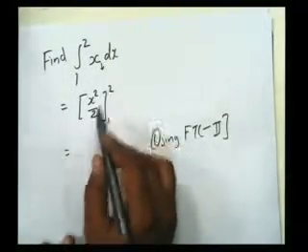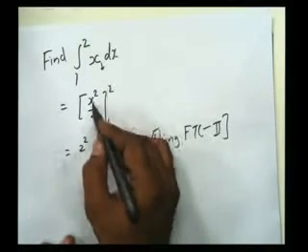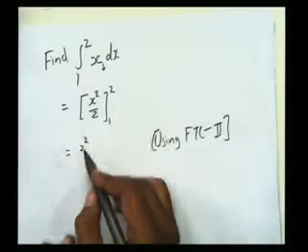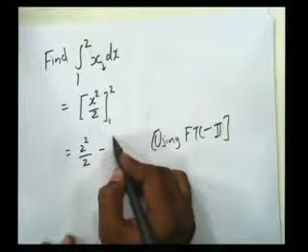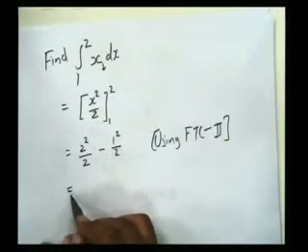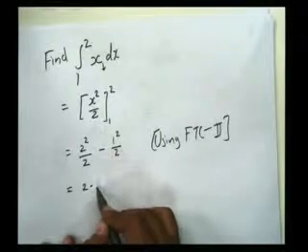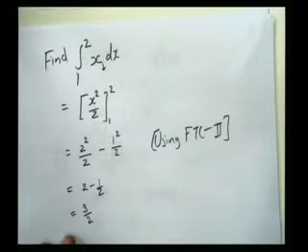The upper limit is 2, that means x is replaced by the upper limit 2, this is 2 square divided by 2 minus 1 square divided by 2, which is equal to 2 minus 1 by 2, the result is 3 by 2.